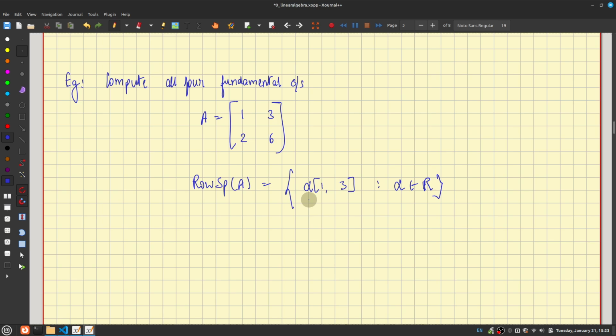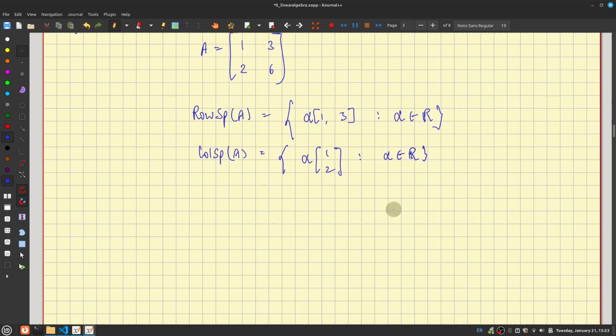This is basically equal to the row space. What about the column space? You can take any column, either 1, 2 or 3, 6. So alpha times 1, 2. This gives the column space.